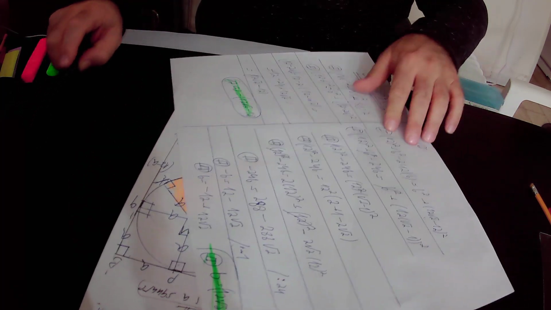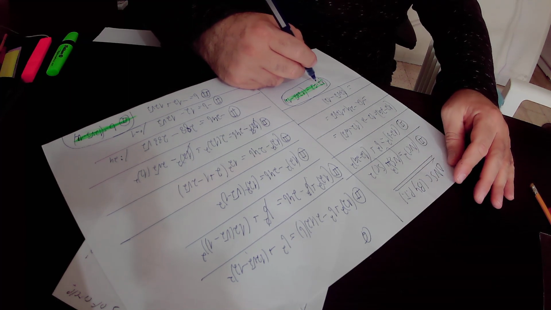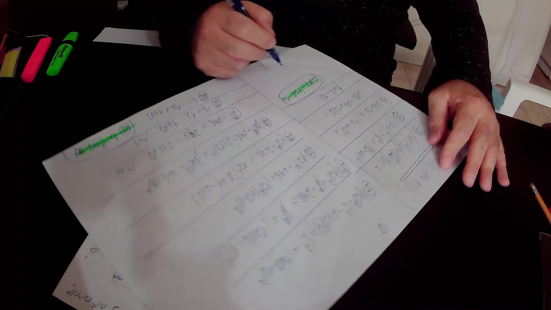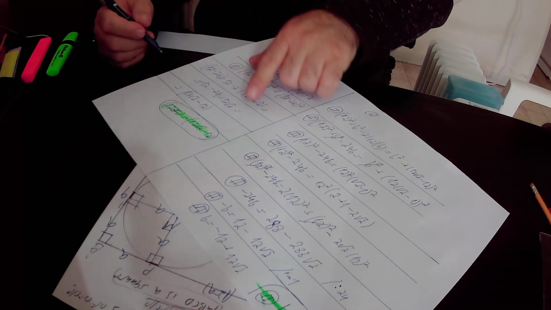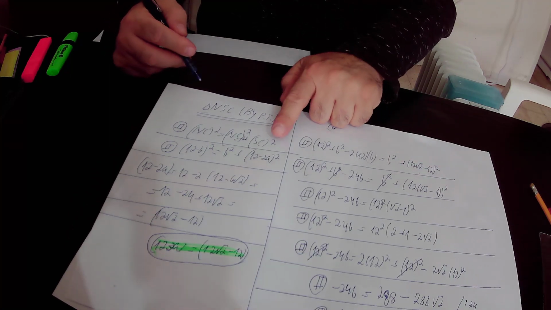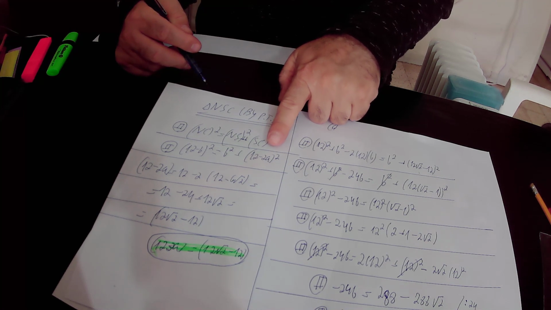Okay? 12 minus 2a equals 12 times square root of 2 minus 12. So we can substitute 12 minus 2a in equation number 2 by 12 times square root of 2 minus 12.